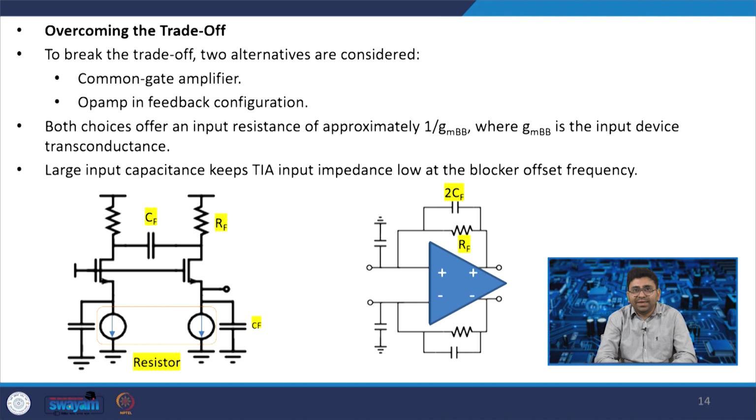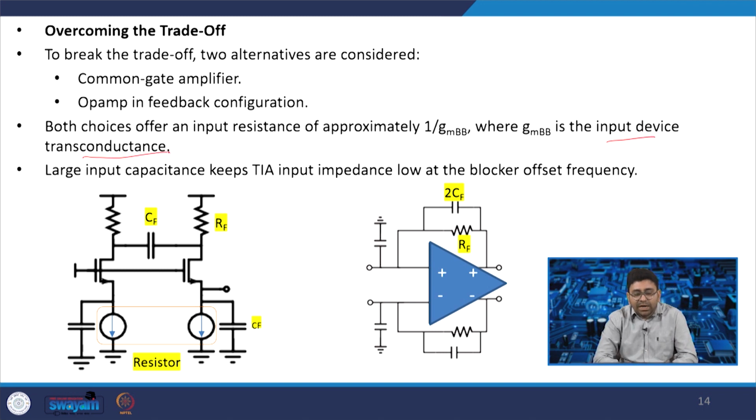the basic two configurations of the TIA we can use are a common gate amplifier and an op amp in a feedback configuration. So, two alternatives are used. Both choices offer an input resistance of approximately 1 by GMBB, where GMBB is the input device transconductance.